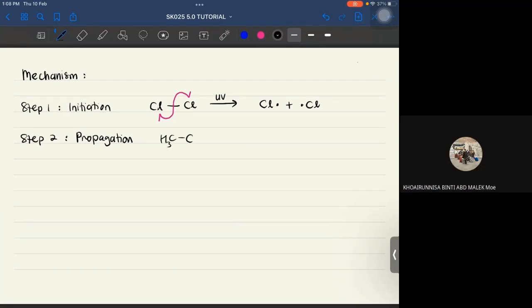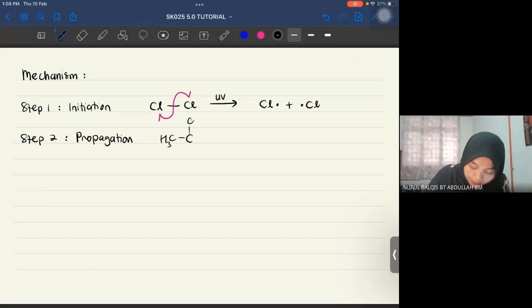CH3, CH3, this CH2, kita tunjuk H dia kat sini. Okay, sebenarnya tak betul buat macam ni, awak kena tunjuk dia kena bond C dia, H, H, dan juga H. Okay, kat sini kita akan break the bond. This one goes to carbon, this one go to somewhere else to pair up with the Cl radical.